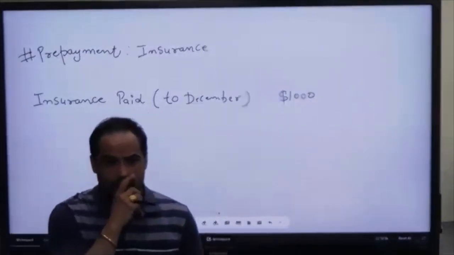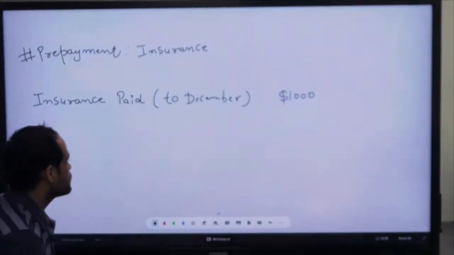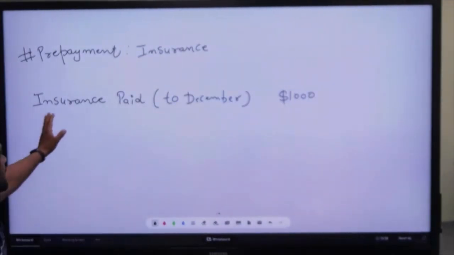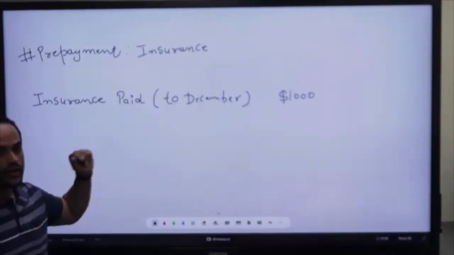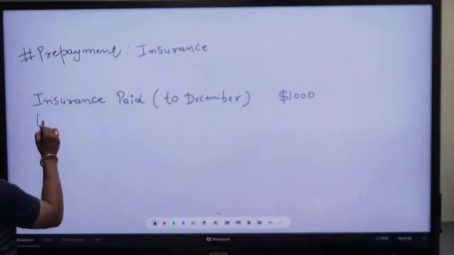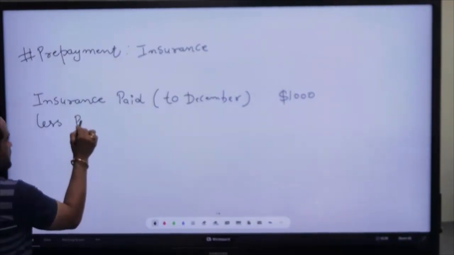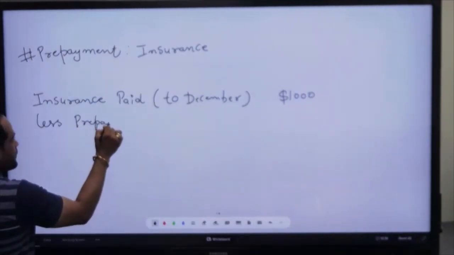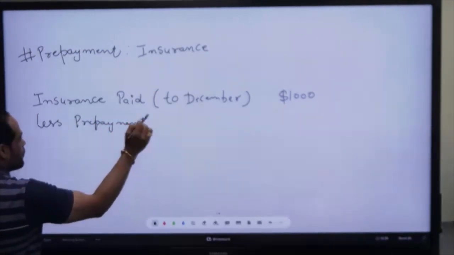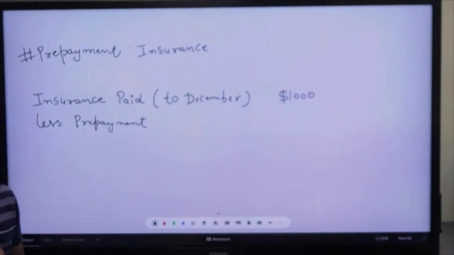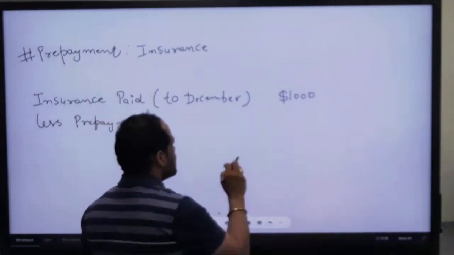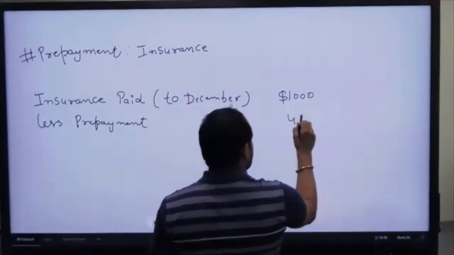And less prepayments. So that means we already paid. So that amount was due, right? And less prepayments as per your assignments. So prepayments was 450.